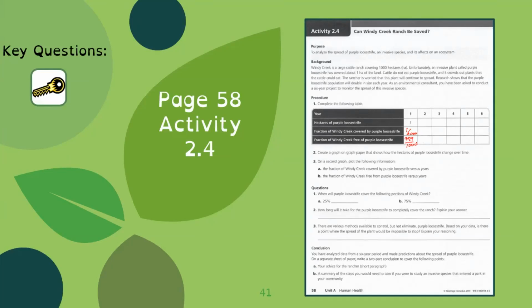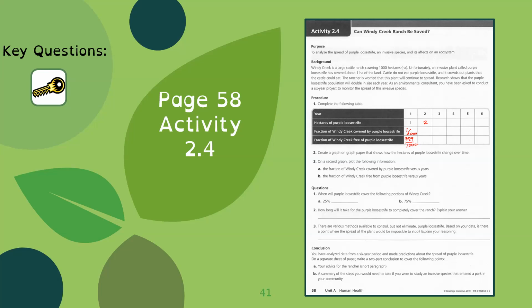But then for year 2, it's doubled. So now we have 2 hectares of purple loosestrife. And so you're going to continue to increase and figure out the fractions as you go in order to see how much in 6 years, if we don't do anything, how much of the land is going to be covered in purple loosestrife.